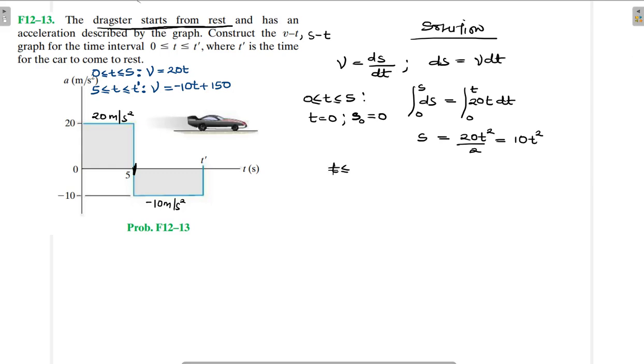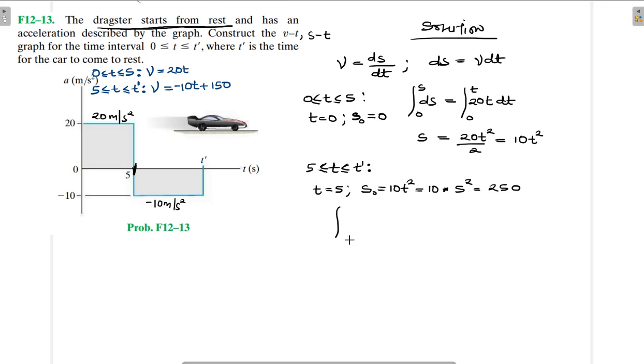Then for the interval 5 to t prime, we have the constants at t equal to 5. s naught is equal to 10t squared, which is 10 by 5 squared, equal to 25 by 10, so this is 250.